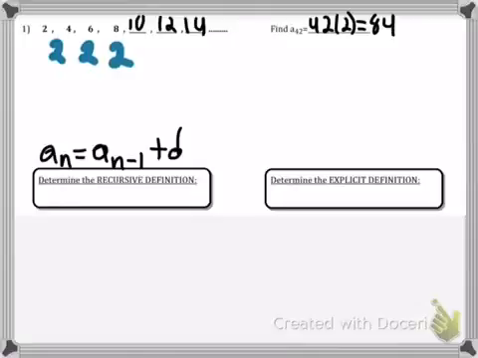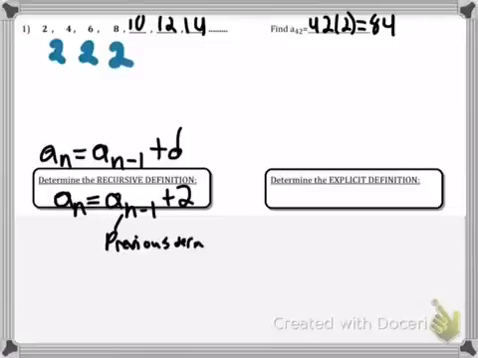So right here, our formula will be a sub n equals a sub n minus 1 plus 2. And we know a sub n means the term you're looking for. It can be any term. And a sub n minus 1 is the previous term.